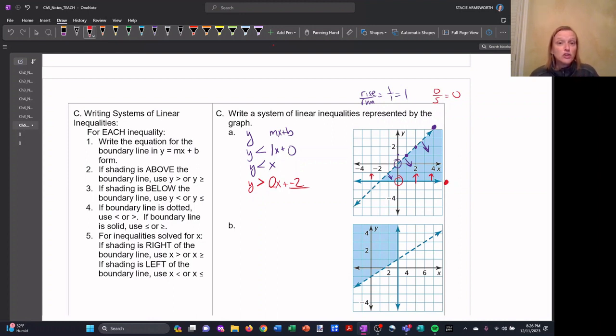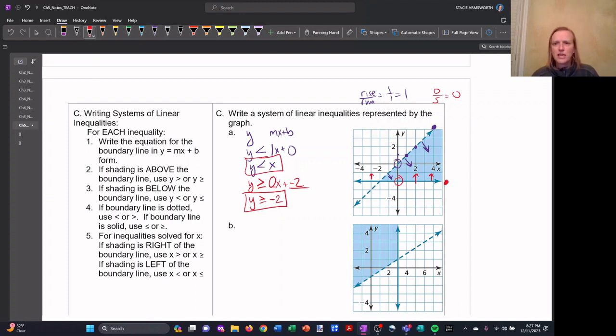In this case, I do want to include an equal sign because the line is solid, any points that are on the line are included in the solution, and therefore the y value can be equal to this expression. Of course, once again, this can be simplified. We wouldn't write 0x normally. We would just say y is greater than or equal to negative 2. So this here is my system of inequalities corresponding to graph A.